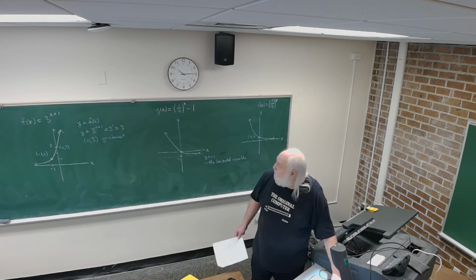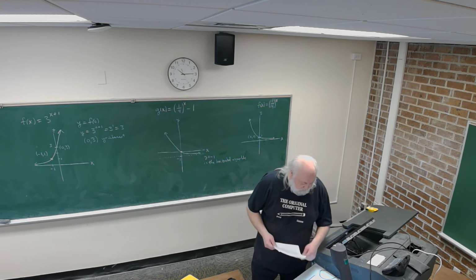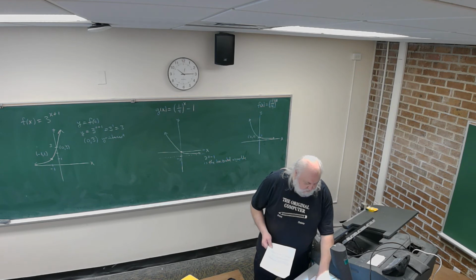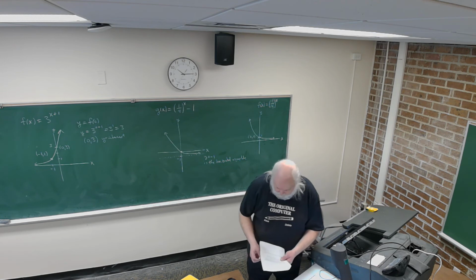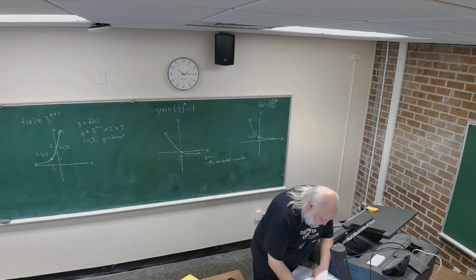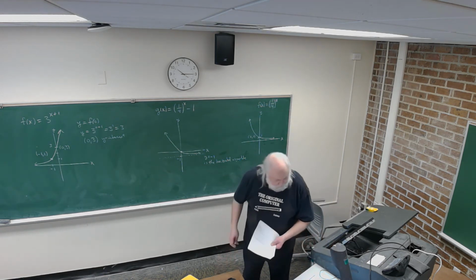All right. The exercise down below: we're going to find an exponential function of the form f of x equals b to the x, such that the graph of f passes through the point 2, 9. So the point 2, 9: the x coordinate is 2 and the y coordinate is 9.